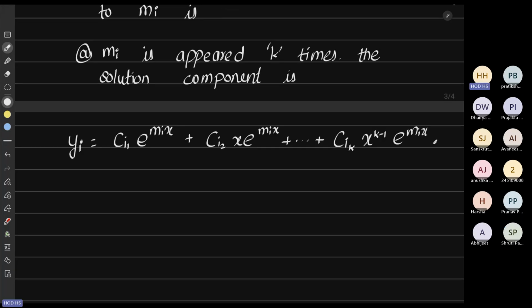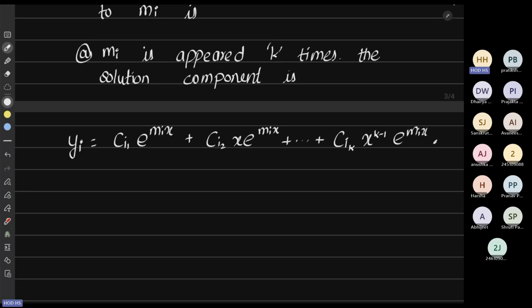So there are k different terms in the solution component for mi.